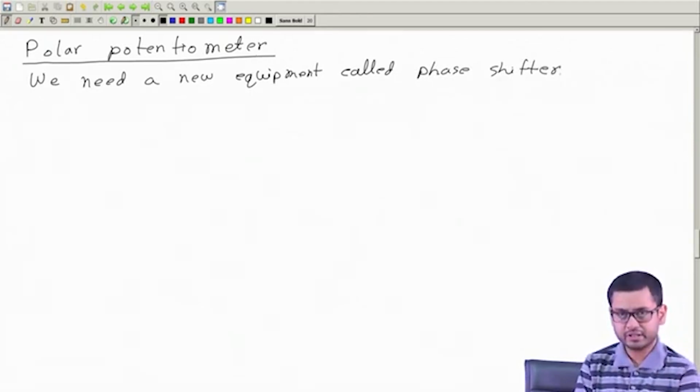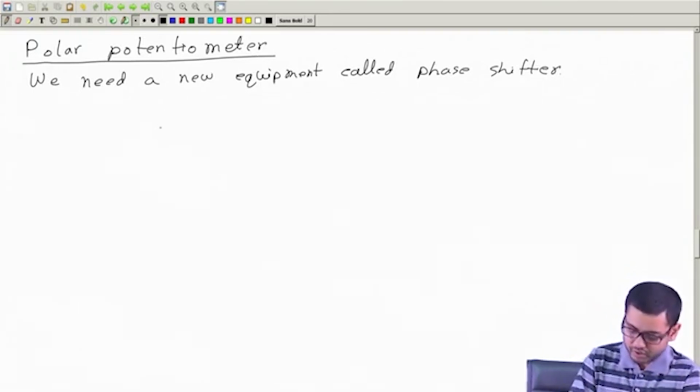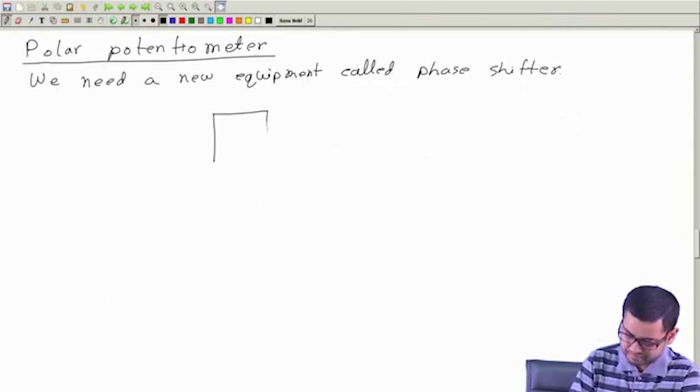What is a phase shifter? Let us first understand what a phase shifter is. Functionally, a phase shifter is a black box which has an input and an output.